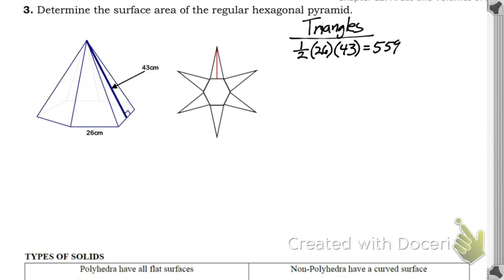So that means every one of our triangles is 559. That guy's 559, this guy's 559, and so on, the last one is 559.